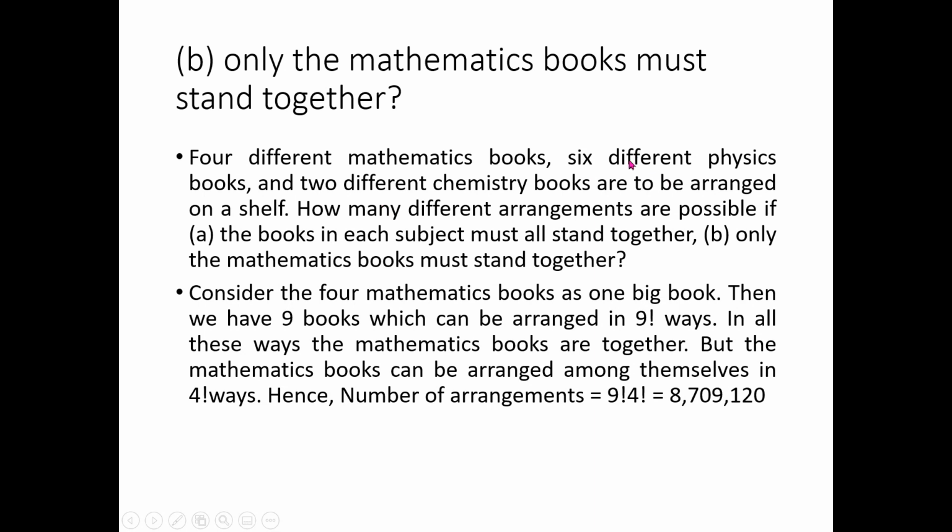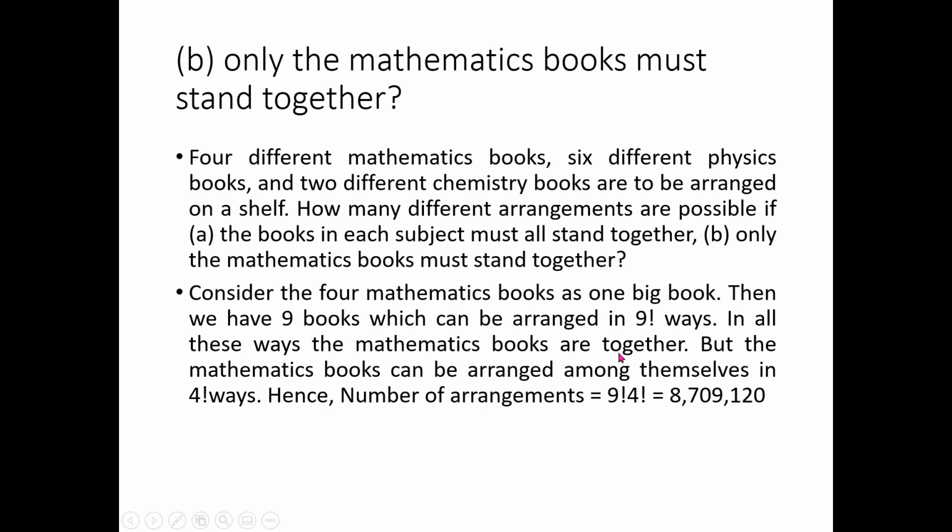So that's 6 plus 2, 8, and treating the maths books as one, these are sort of 9 different slots. So we can fill the 9 books in 9 factorial ways, because now we don't have any condition on the other subjects. So 9 factorial ways are possible, but we have treated 4 maths books as one big book, though they are not actually one, they are 4.